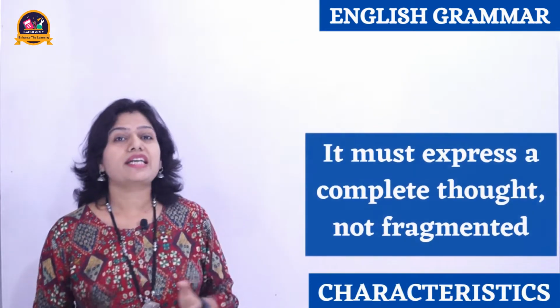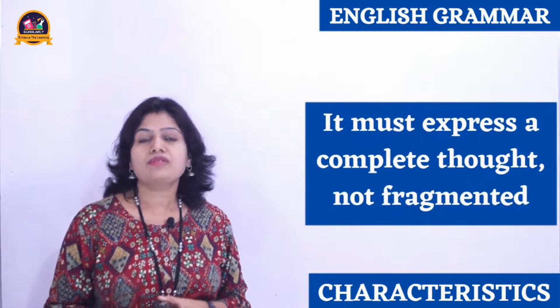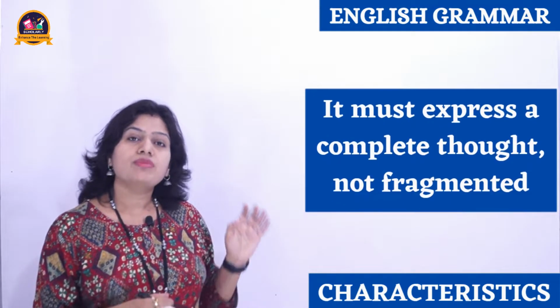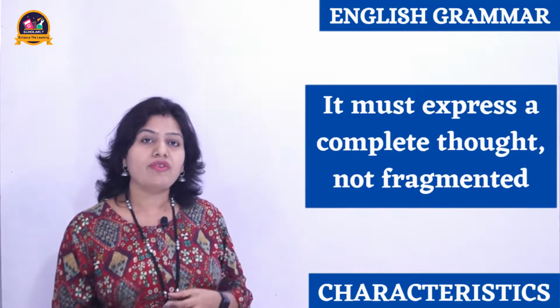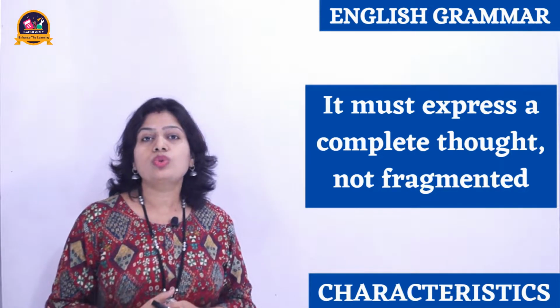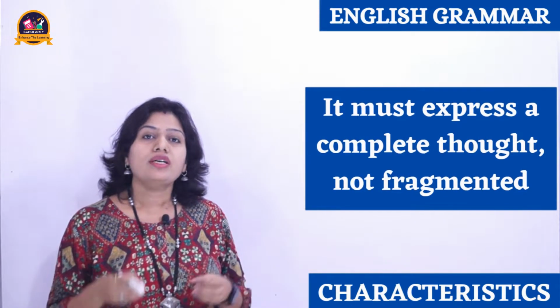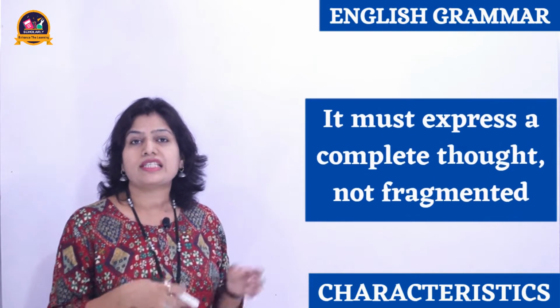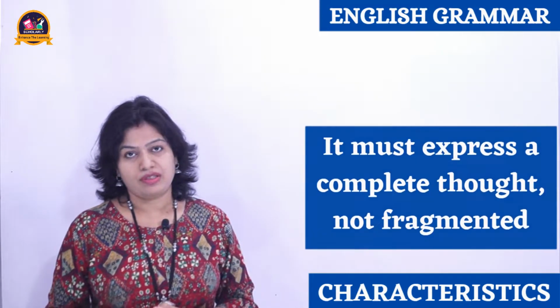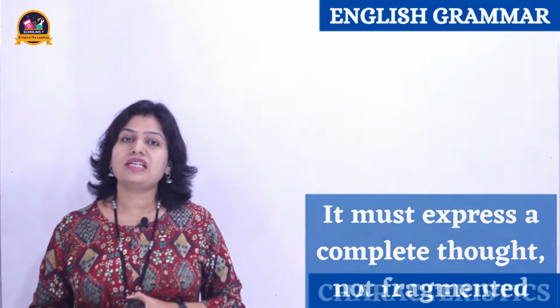Then comes the second characteristic, that is a sentence must express or give a thorough idea through the exclamation, interrogation or the full stop, or we can say the statement or declaration. This is the second characteristic.